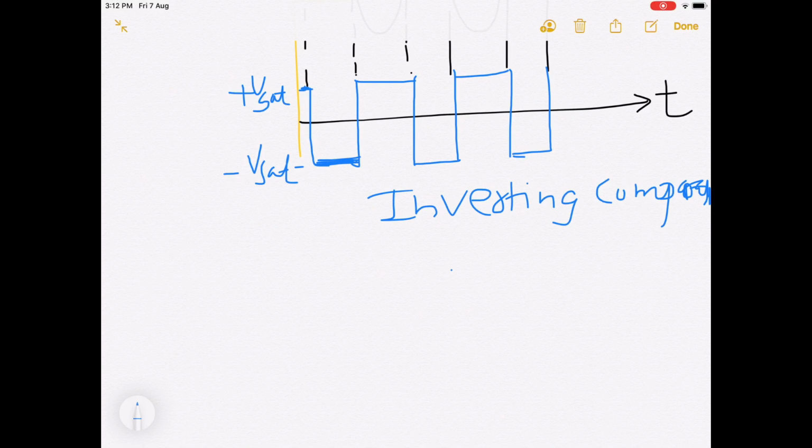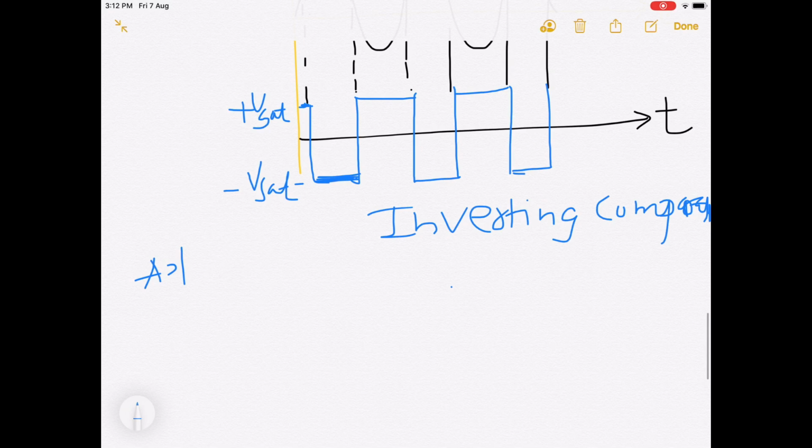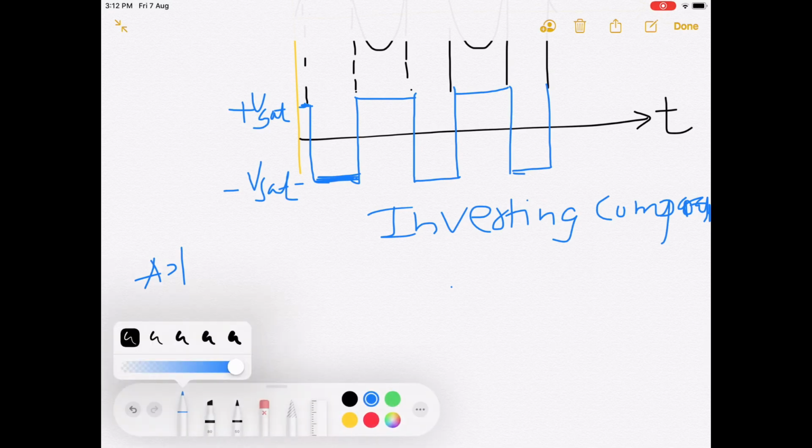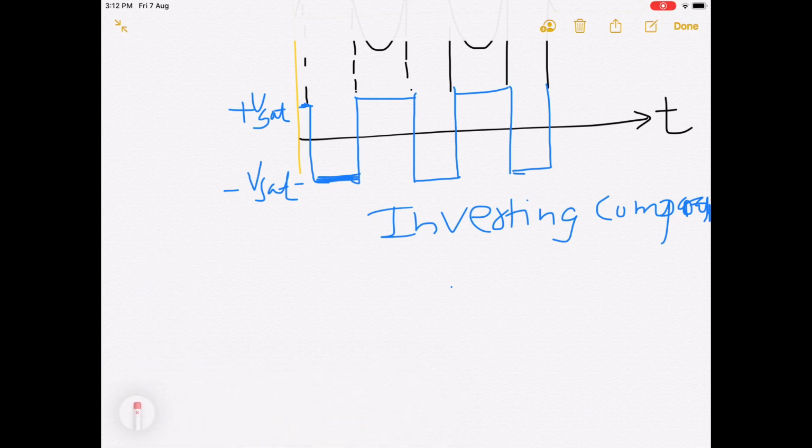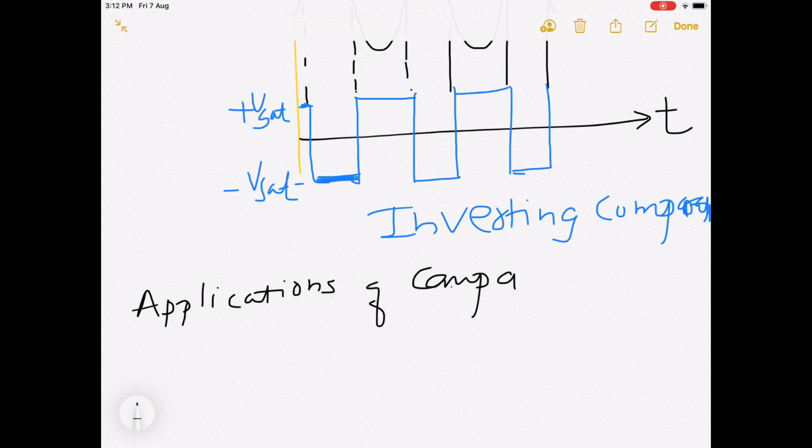Now, applications of comparator. Which are the applications of comparator? First application is zero crossing detector.